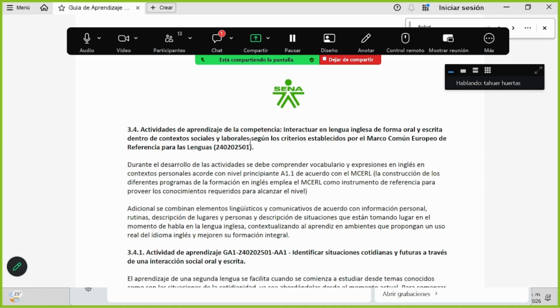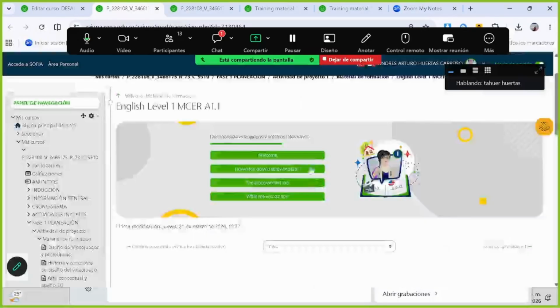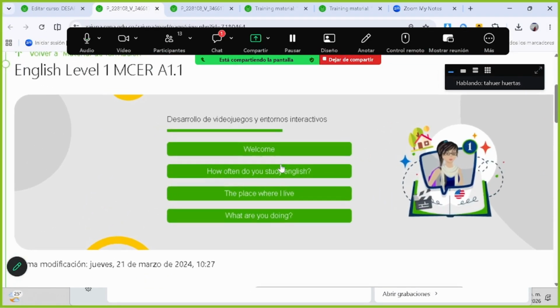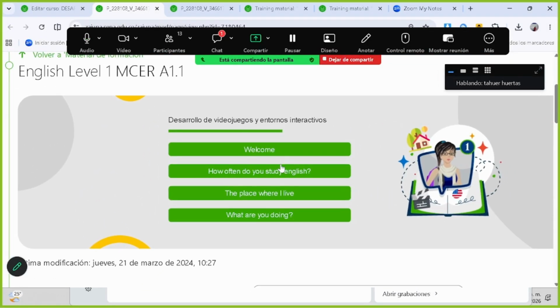Es decir, según el nivel de inglés, hay unos temas propuestos para el nivel 1 y esos temas propuestos están reflejados en esta actividad que vamos a ver en la clase de hoy o en estas actividades que vemos acá. ¿Ok?